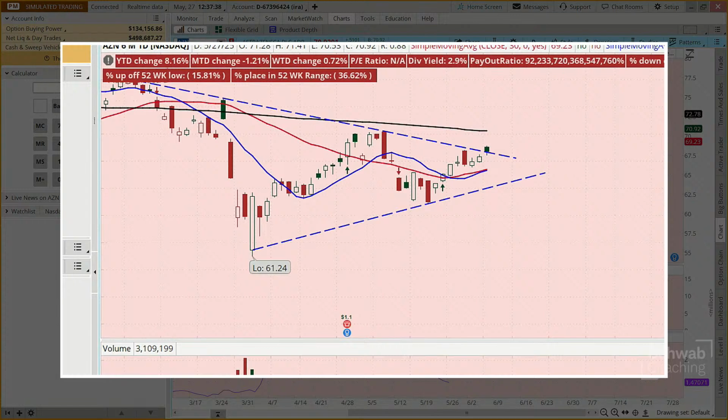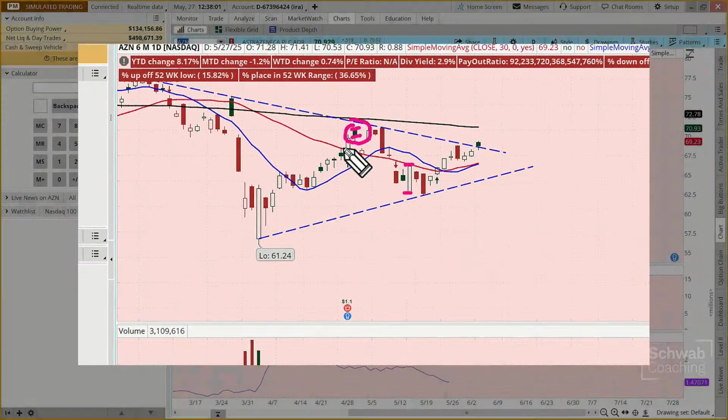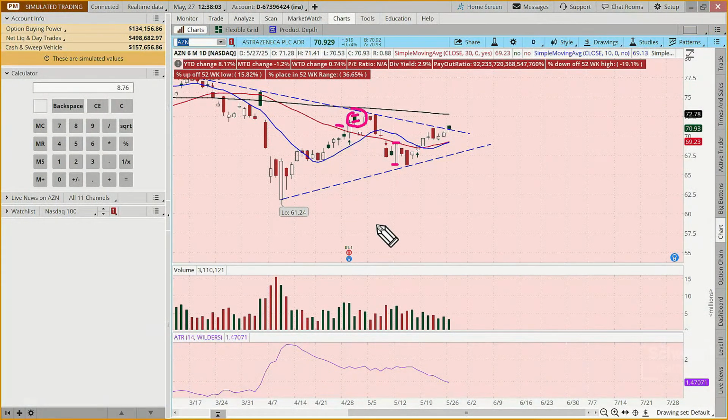Let me get my drawing tools. This candle here opened here and closed here and closed above the close of the previous day. When it is a dark green candle like this one or today's candle, it opened here, closed lower, but still closed above the close of the day before.